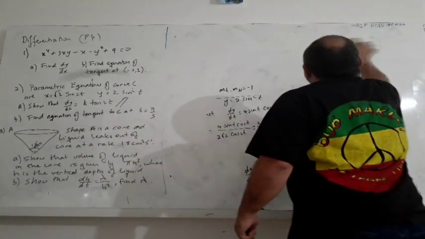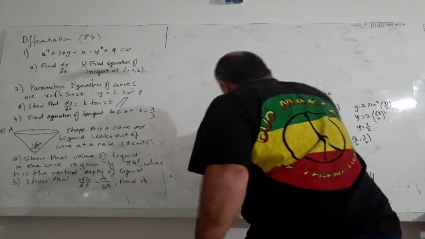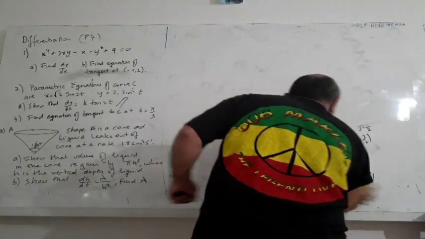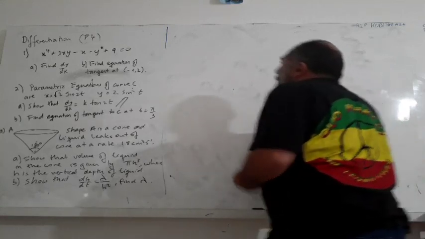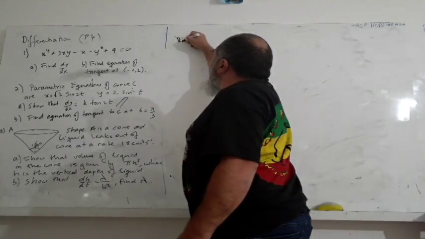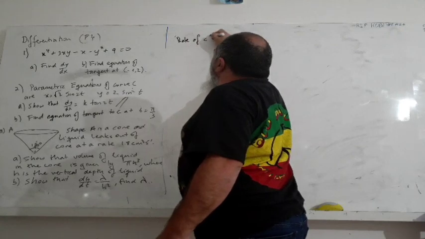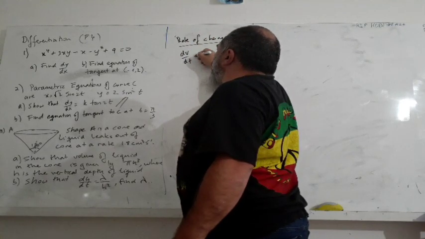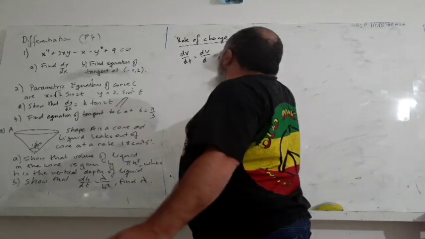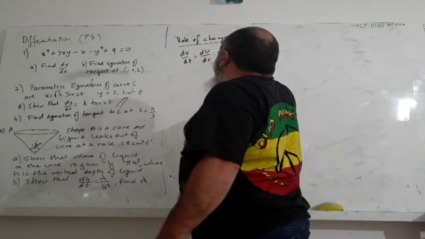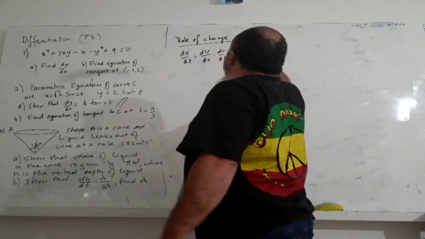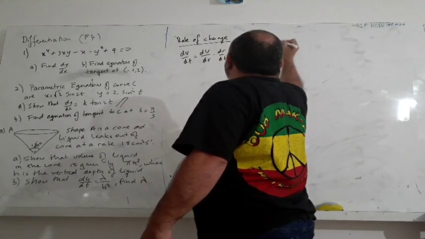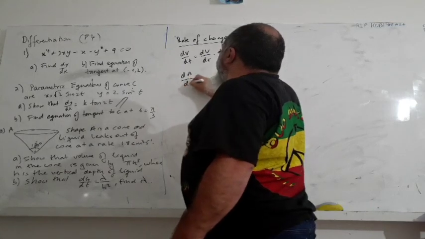When you see a rate of change question, we have to remember that either dV over dt is equal to dV over dr times dr over dt, where V is the volume, or dA over dt is equal to dA over dr times dr over dt.